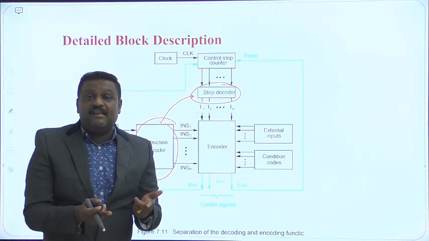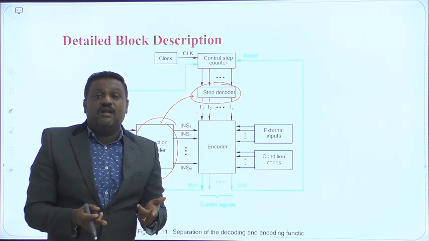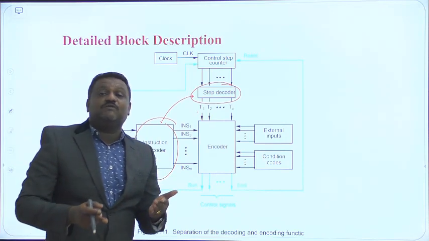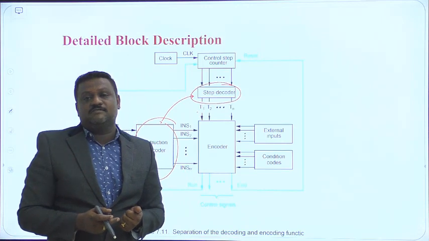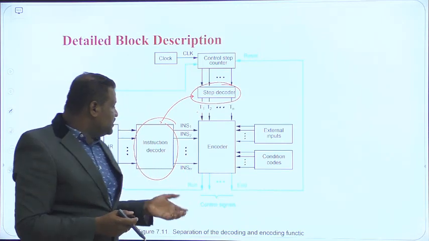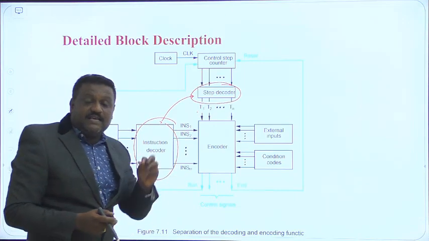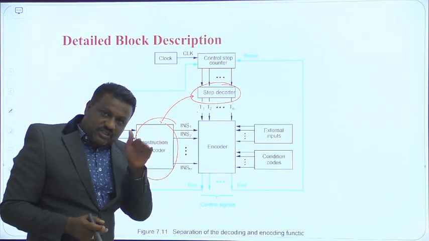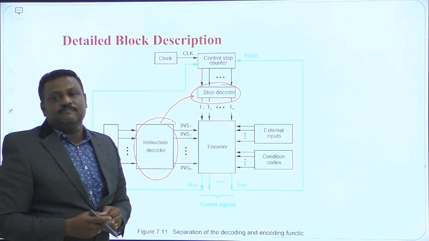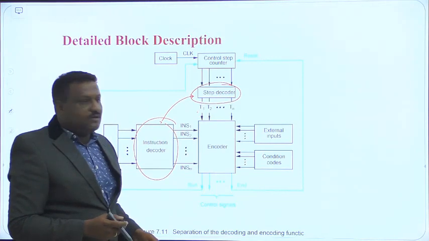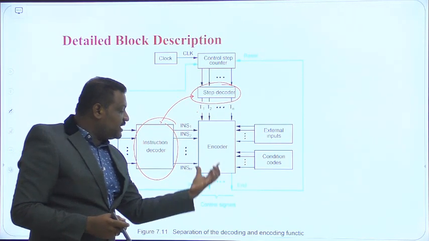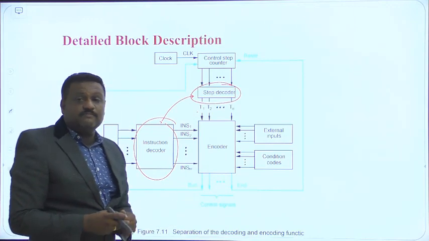And thereafter my CU has to generate a control signal to get whatever data is available on the internal bus. So that's why these are INS1, INS2 and INSM. These are different partitions of an instruction execution. Those are considered as input for this encoder for generation of different control signals.